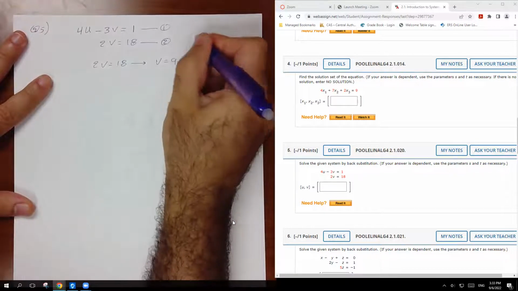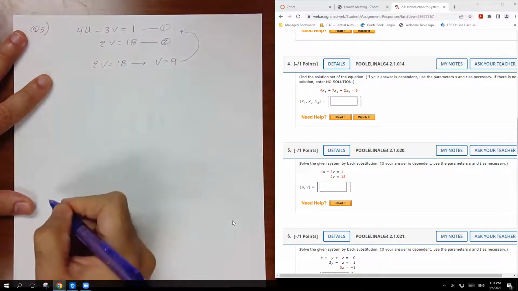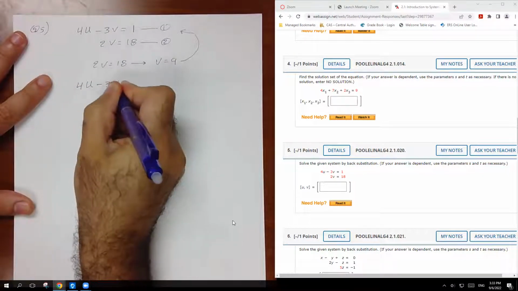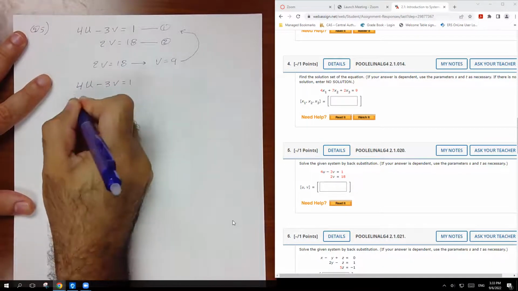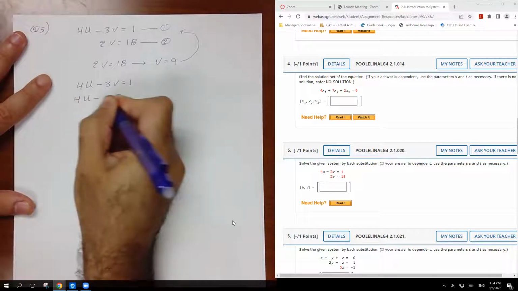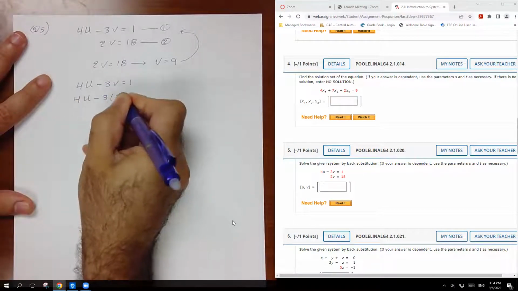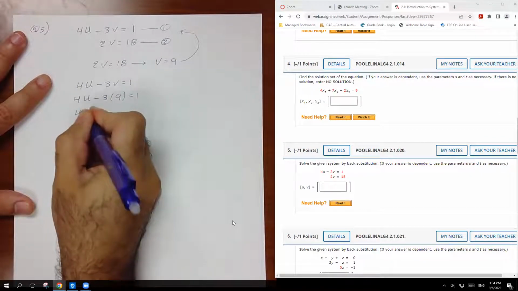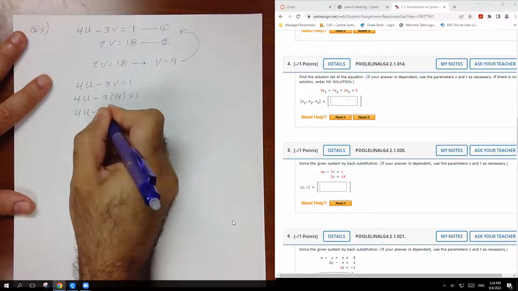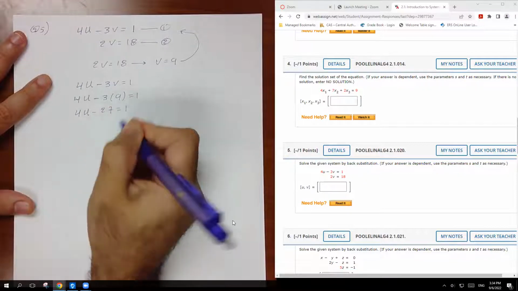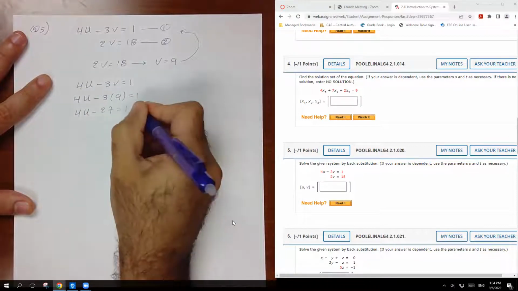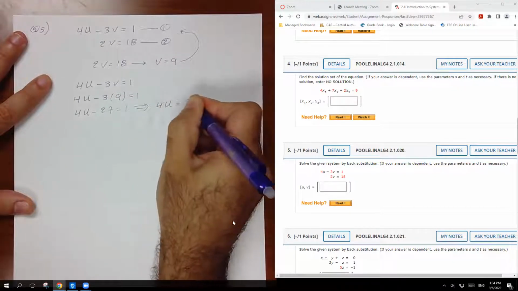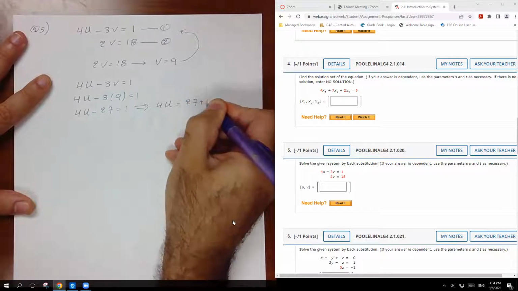Then we're going to substitute v into the first one. So 4u minus 3v equals 1. 4u minus 3 times v, which is 9, equals 1. So 4u minus 27 equals 1. Move 27 to the other side. So 4u is going to be 27 plus 1.